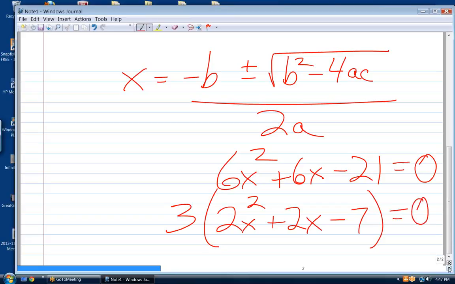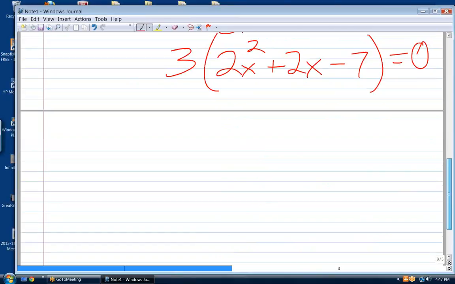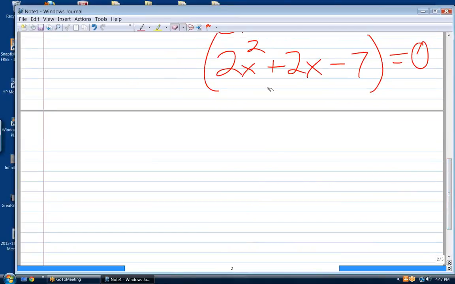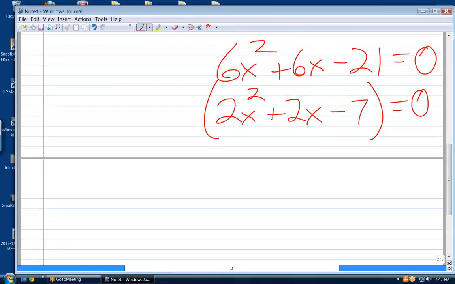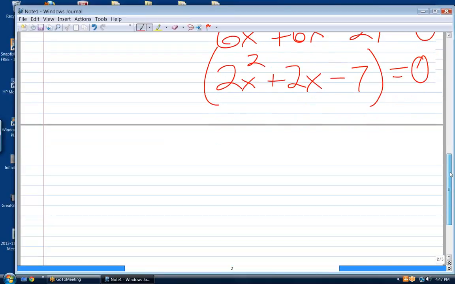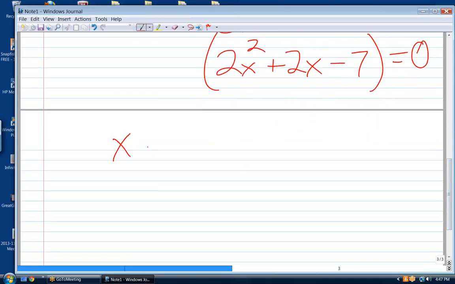Now I can divide both sides of the equation by 3, getting rid of that, because when I divide 0 by 3, I still have 0. So if I'm going to solve this, I might as well solve this problem here that has smaller coefficients than the other one. Okay, so let's solve it. What's minus b? Negative 2, plus or minus the square root of b squared, which is 4, minus 4ac.